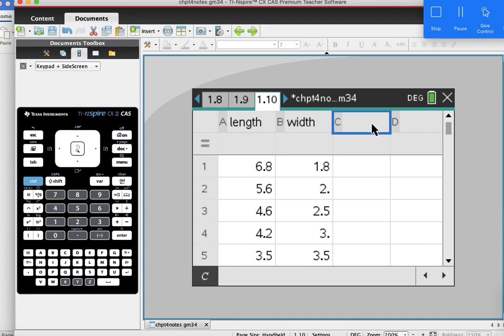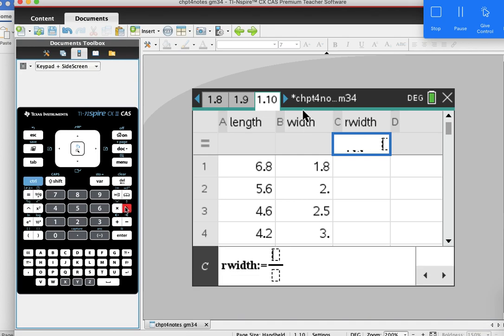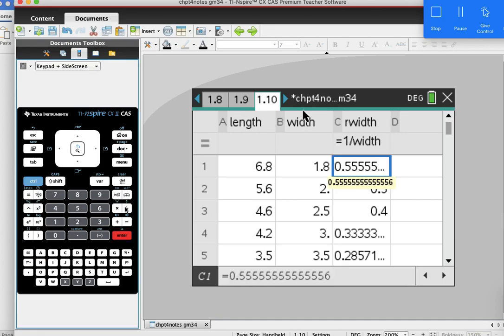So what I type over here, I could put width because it's a reciprocal, and hopefully you get used to hearing that word, reciprocal. Now underneath we're going to write equals, and like what we do to get a fraction, we press control divide, we're going to have 1, and then on the bottom is where we put our list. So it's width, it should go dark, and then you press enter, and now you have that.